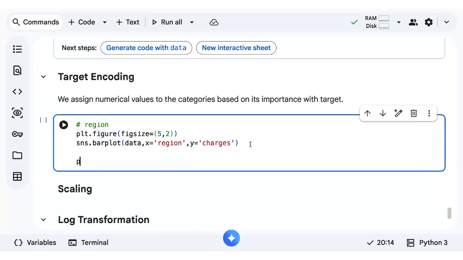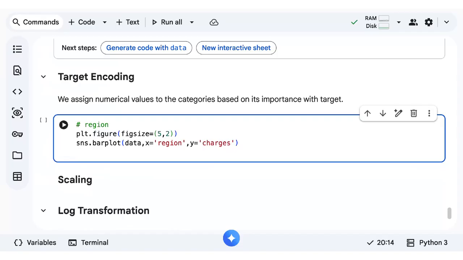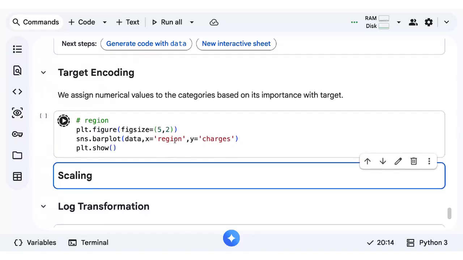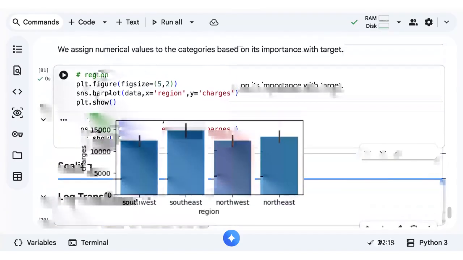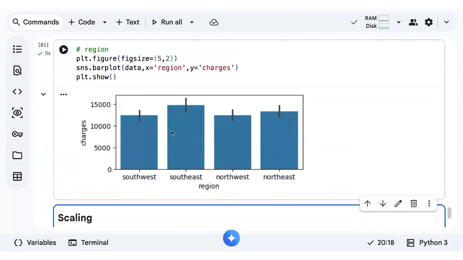Let's try. So which has got the highest importance? All look the same.